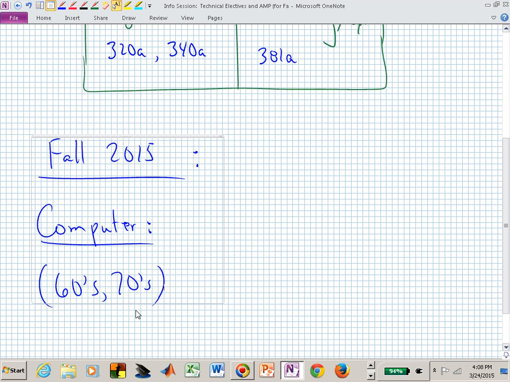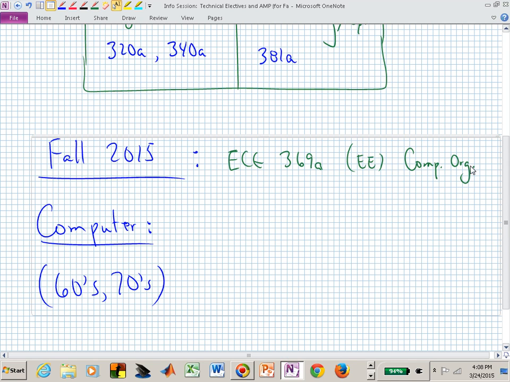What we're planning to teach in this particular set in the fall is 369A, which is only available as a technical elective for the electrical engineering option. If you're in the computer engineering option, that's a required course. This is computer organization, or you could think of it as the precursor to a computer architecture class, but I think the title is computer organization.